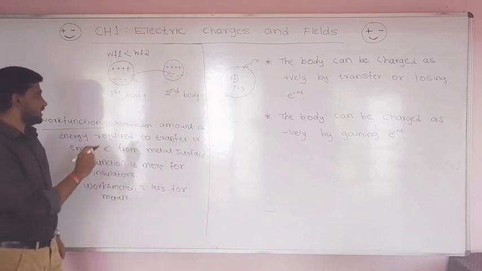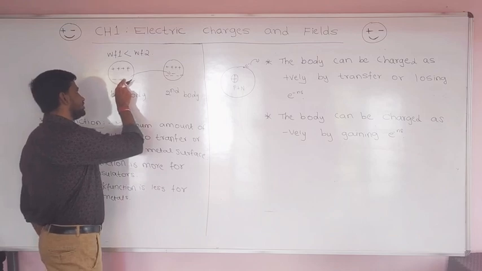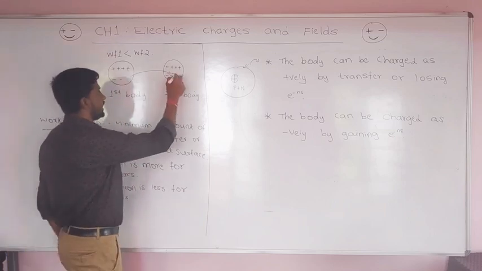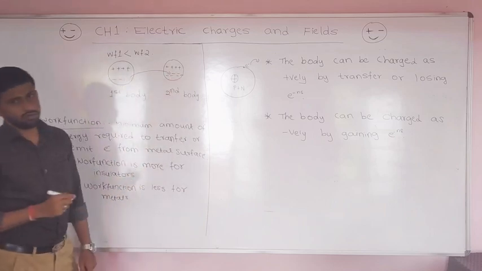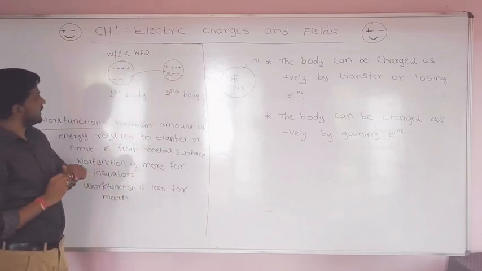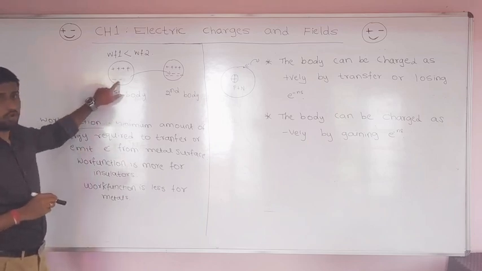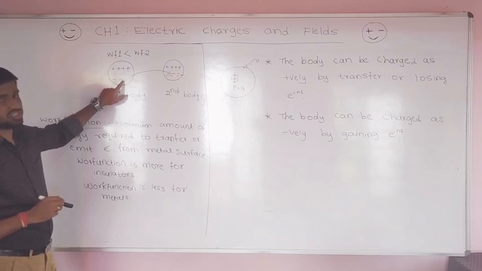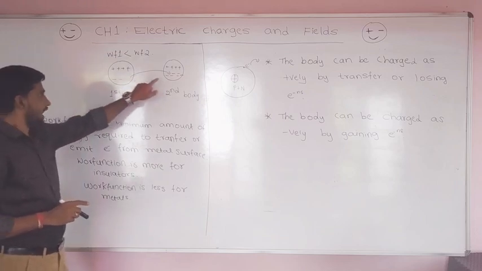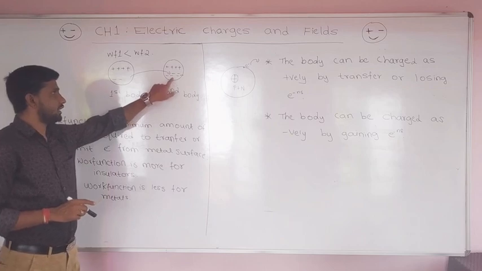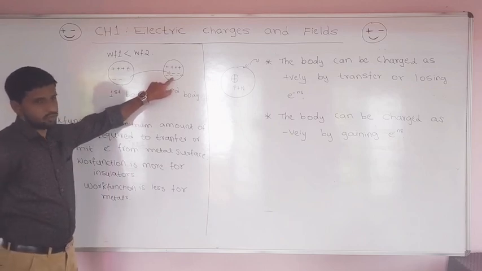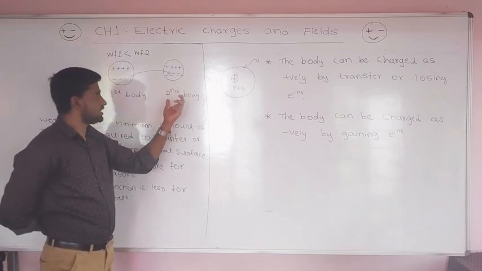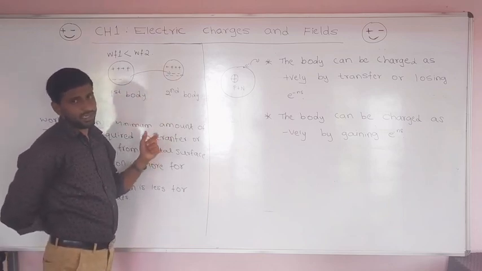Similarly, if another electron is lost by the first body, it is gained by the second body. So by rubbing, two electrons are lost in the first body, which means there is a deficiency of charge, and the second body gained two extra negatively charged particles, electrons.